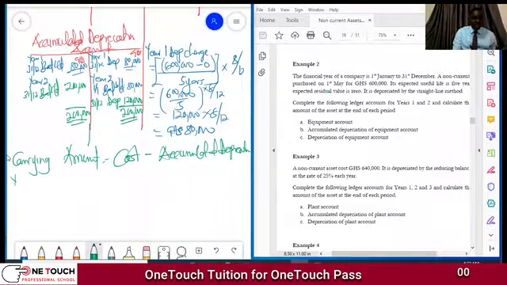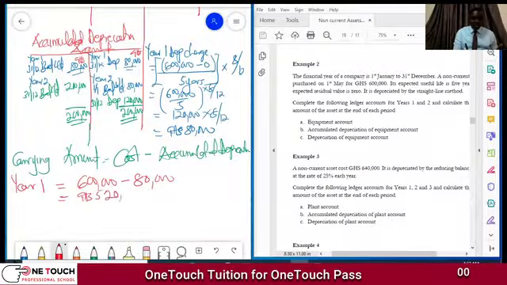So year 1, we need to determine the carrying amount. What was the cost? It was 600,000, and at the end of year 1, the depreciation charge was 80,000. So the carrying amount at the end of year 1 becomes what? 520,000. Okay, good.